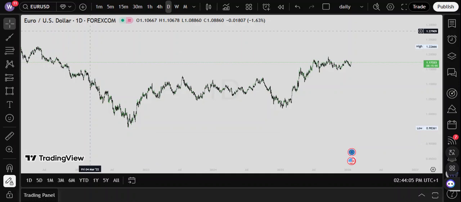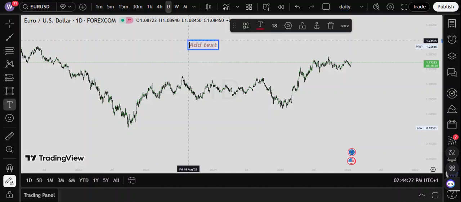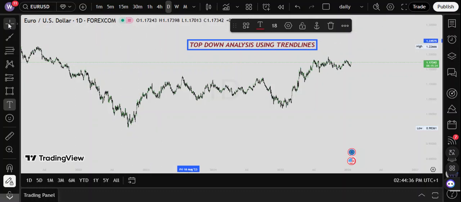And today we'll be having top-down analysis using Trendline. Let's write the topic out. So this is what we'll be looking at today.